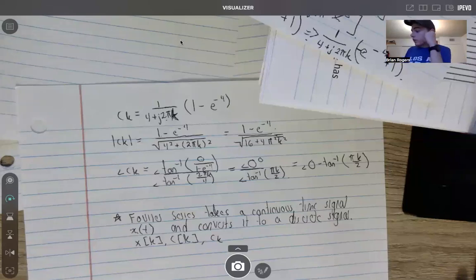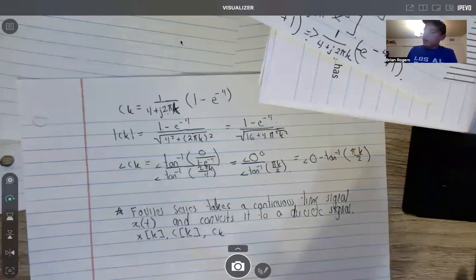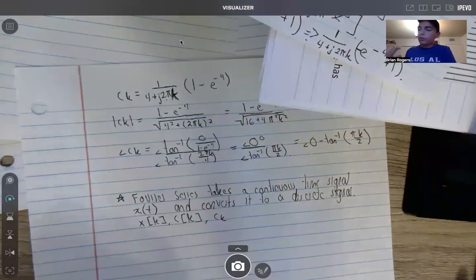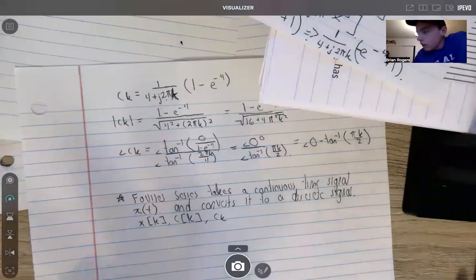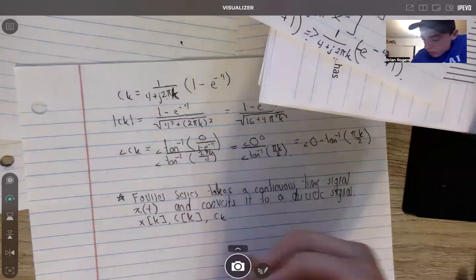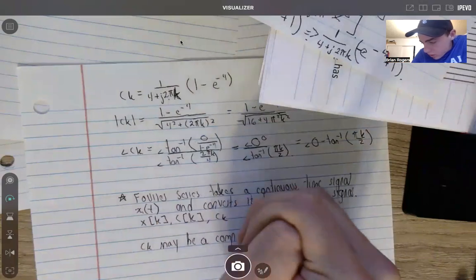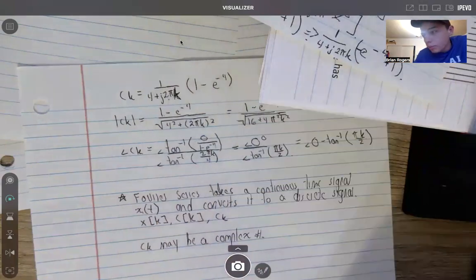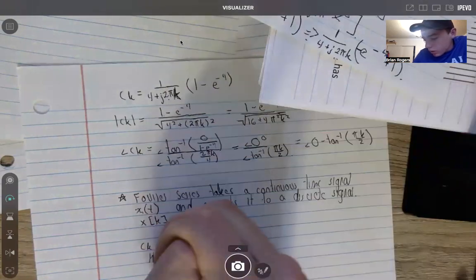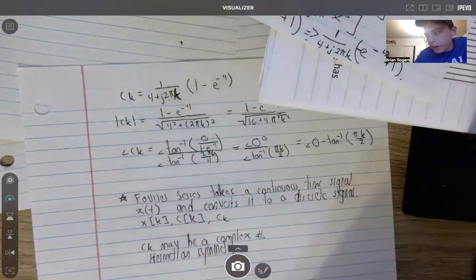And so now that we got that, we'll notice that c of k deals with sometimes complex values, like complex signals. And so c of k may be a complex number. Since it might be a complex number, it has Hermitian symmetry or conjugate symmetry, because remember, complex values have a conjugate.